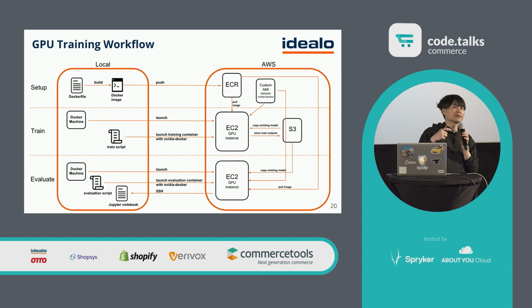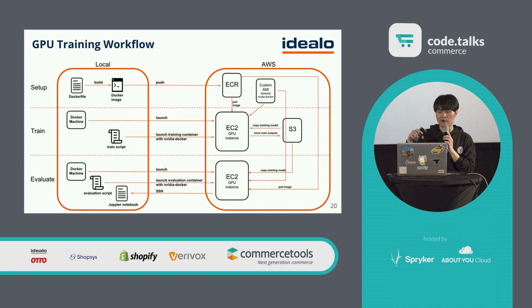In terms of training, of course for deep learning, it's not feasible to train on your CPU. So for training, you need a lot of graphic cards. And basically, what we do is we use AWS to do this. This is our setup. We have our Docker file, and we push it to ECR, which is an equivalent of Docker Hub.